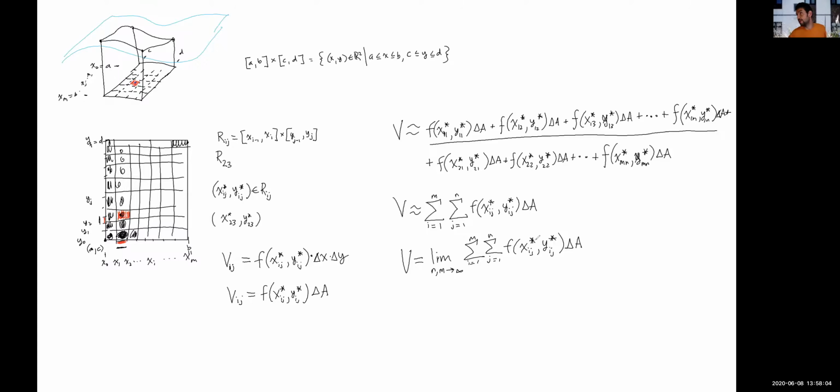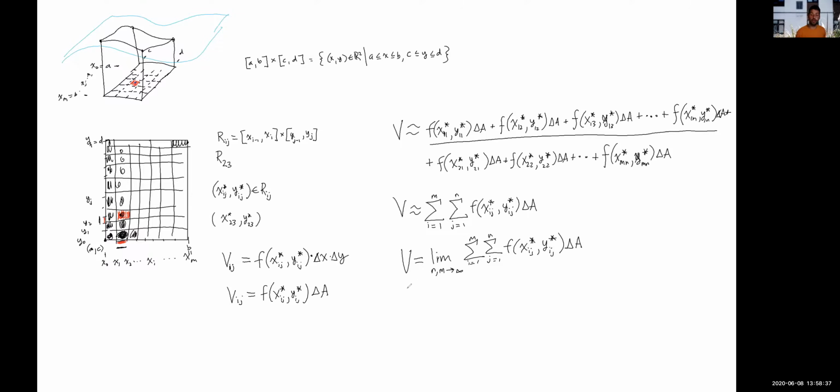Technically, we could say if you give me some small difference from the true volume, I can make this approximating volume less distant from that volume by taking n and m larger than some number, so that this approximating volume will be within whatever small distance you've challenged me with. We're not going to worry about the technical definition. I don't want to start getting into epsilons and deltas right now.